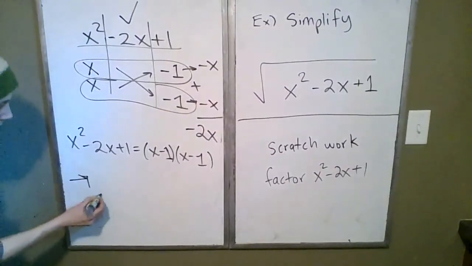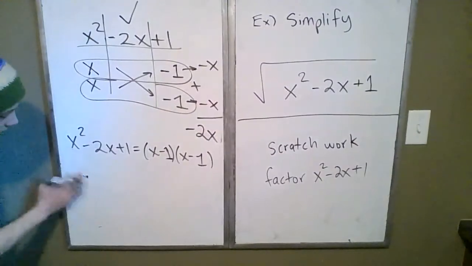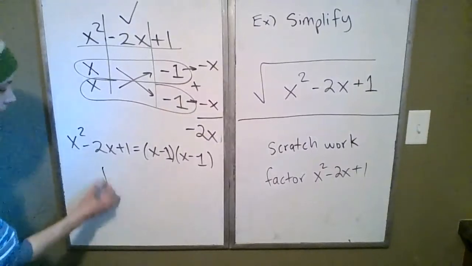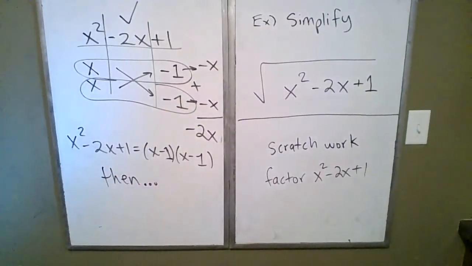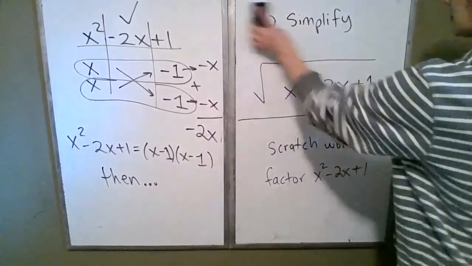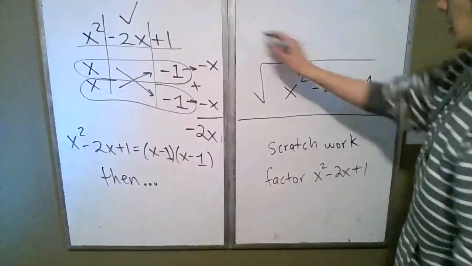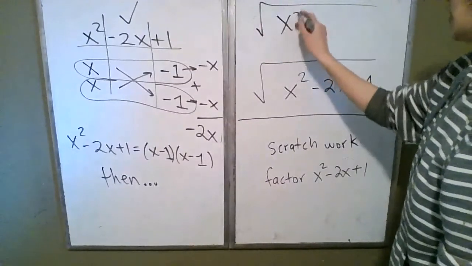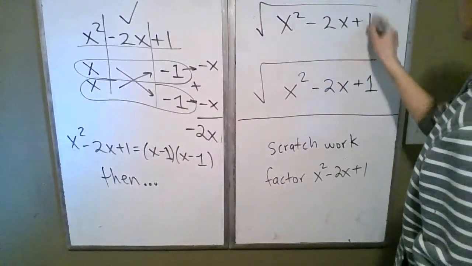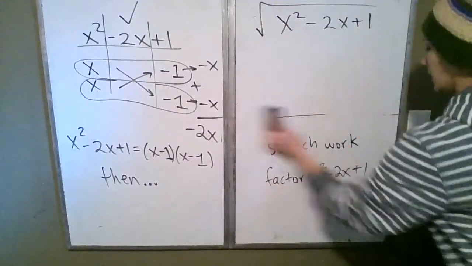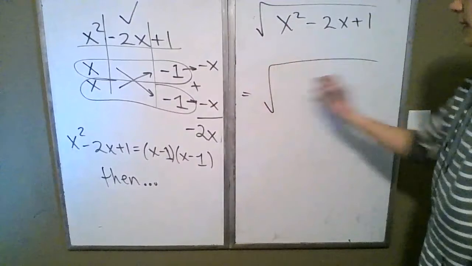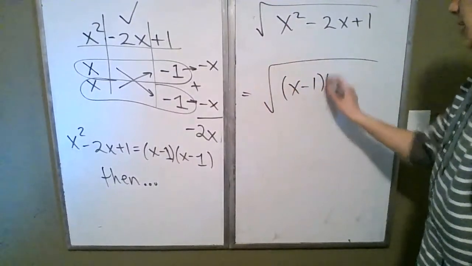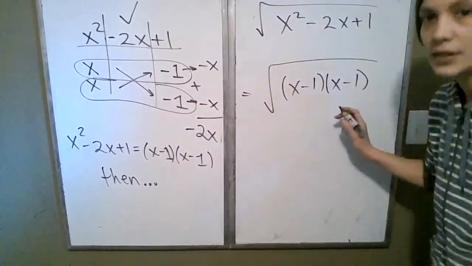So our radical is the root of x squared minus 2x plus 1, which would be x minus 1 times x minus 1 under the root.